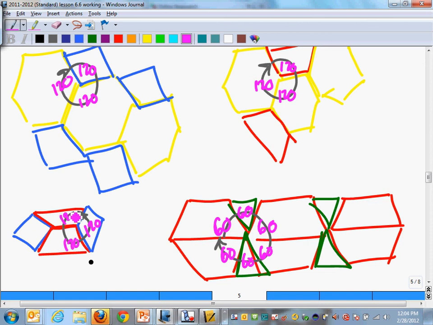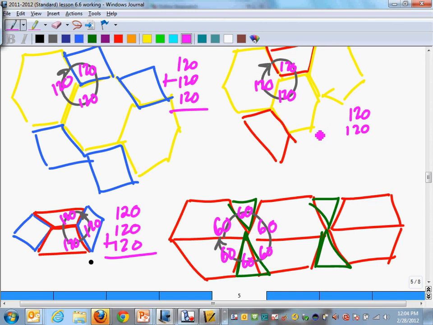Now take your angles at one joint and start adding them up in the margin. You should know that from the previous page. The fat is 120, the skinny is 60.